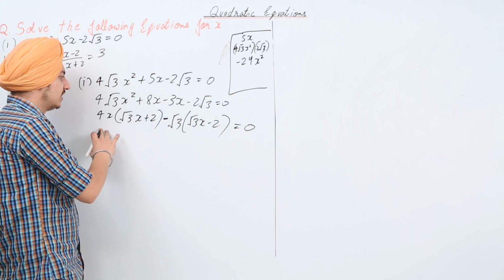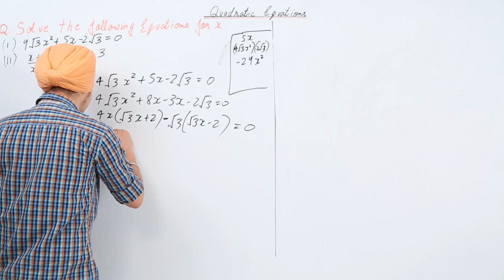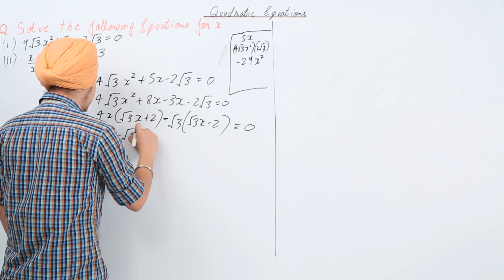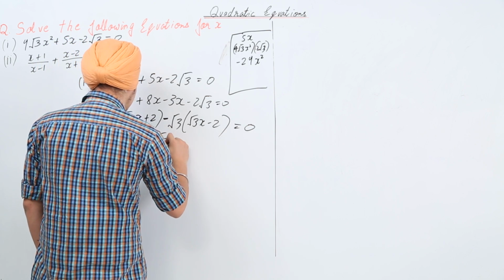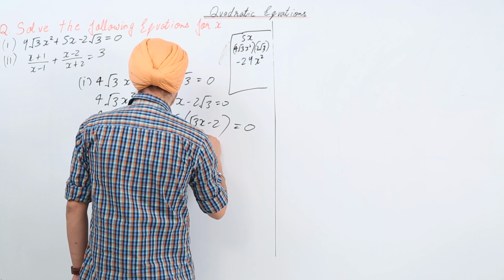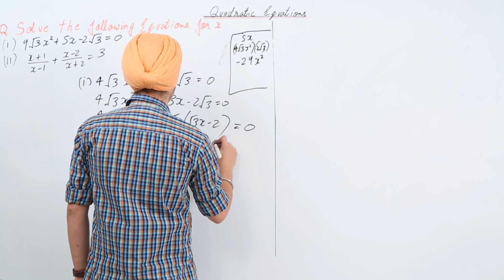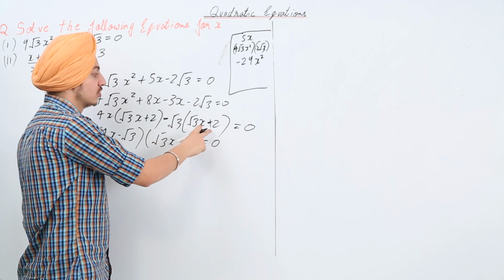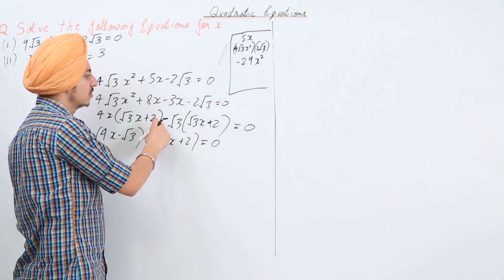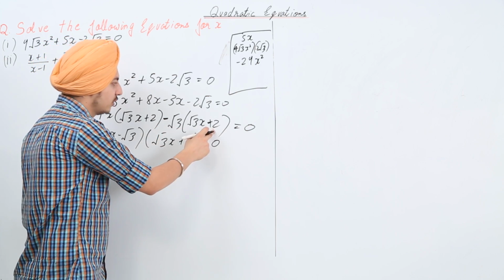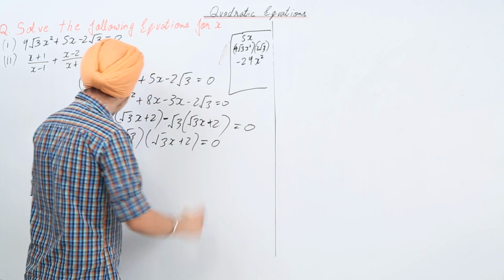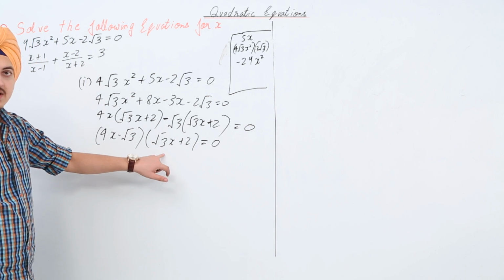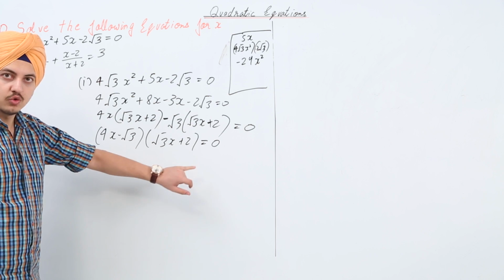So this equation can be simplified into 4x minus root 3 and root 3x plus 2 is equal to 0. Here there will be a plus sign because we've taken minus root 3 common, so that minus root 3 into 2 is minus 2 root 3.